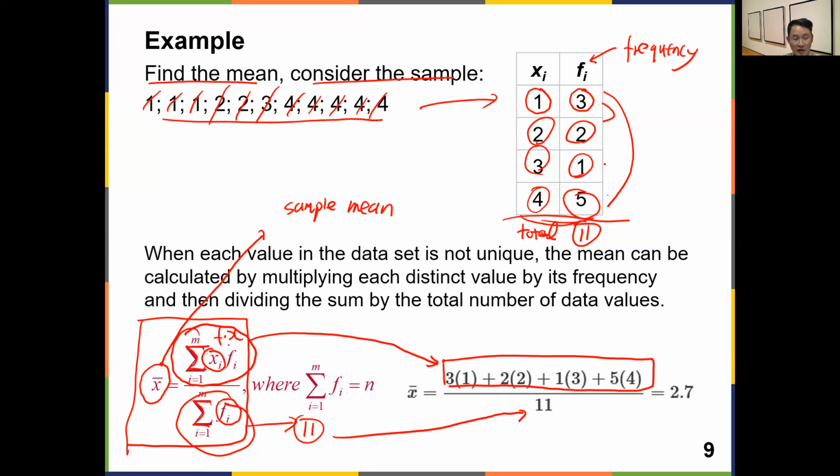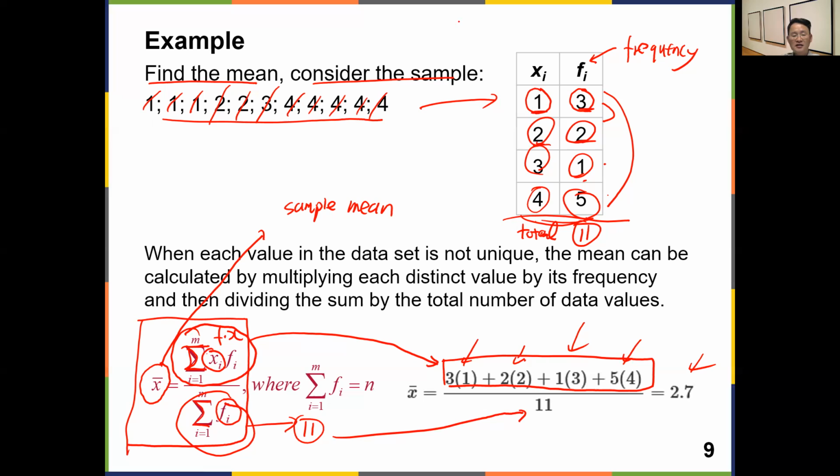So they did f, which is this 3, times x right here, 2 times 2 right here, 1 times 3, 5 times 4 right there. And what's this symbol right here? The summation sign. So if you add it up, you get the same result.